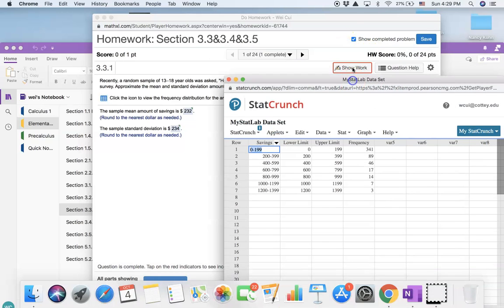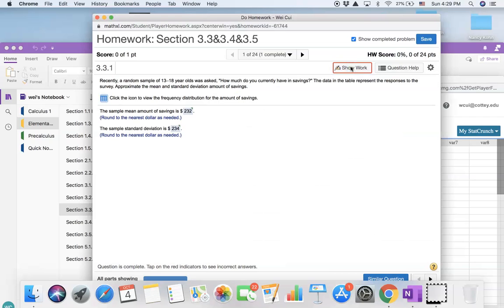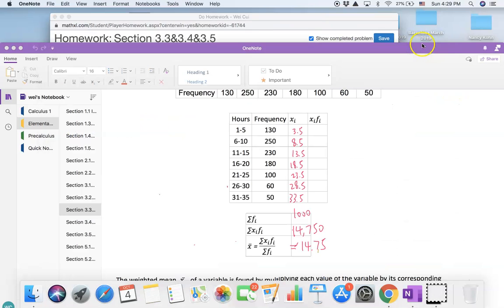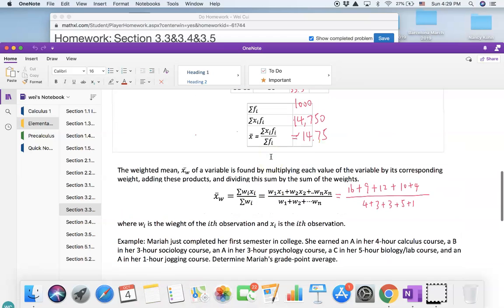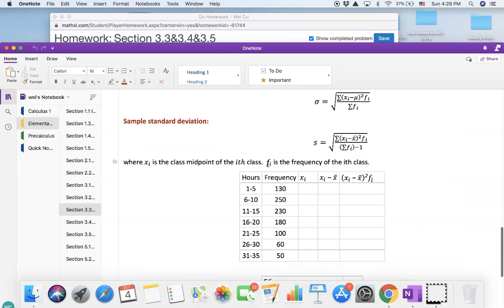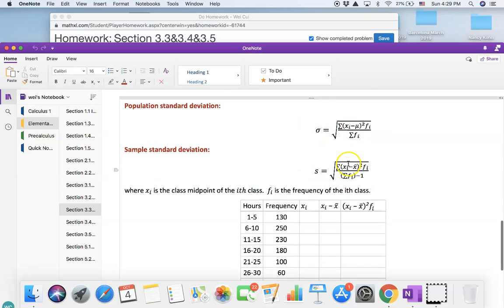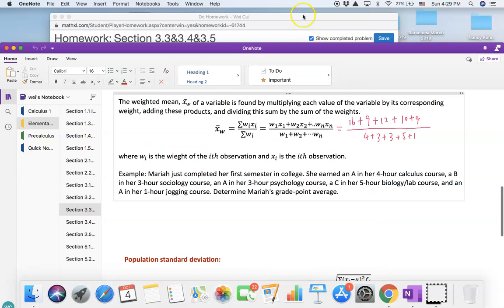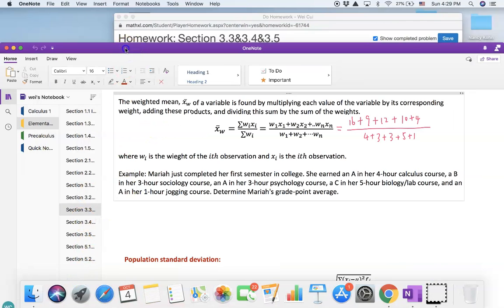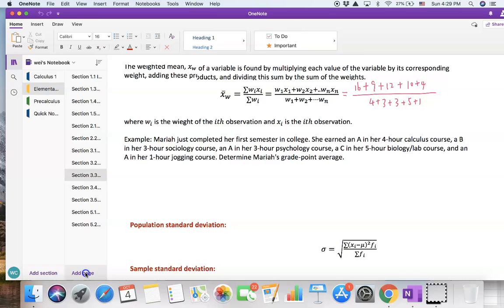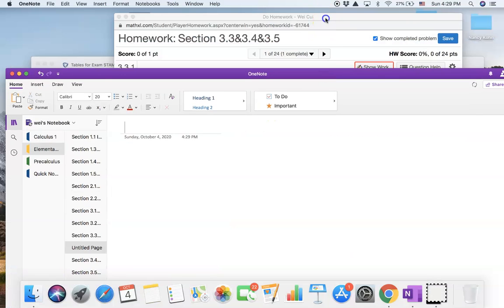Now, if we do this by hand, we're gonna use these 2 formulas. So this is for mean, and this is for the standard deviation. So if we do this by hand, okay, we will first need to find what is the middle point of each class.